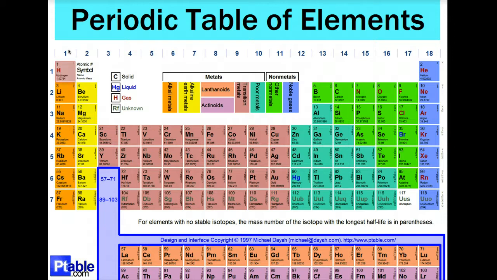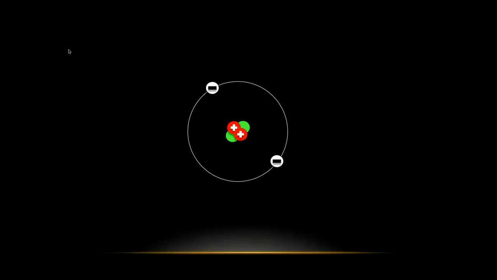So if we go to helium, we know that helium has 2 protons, 2 neutrons, and 2 electrons. So right now we're looking at 1 orbital with 2 electrons in it.